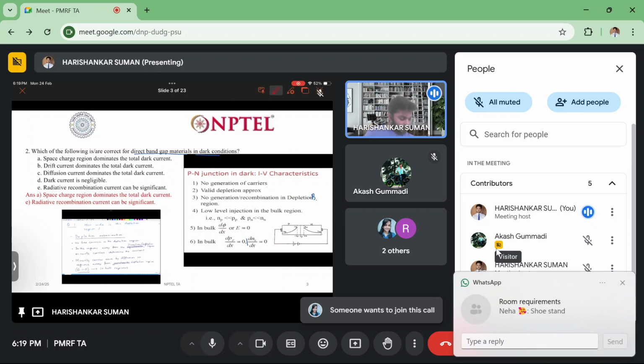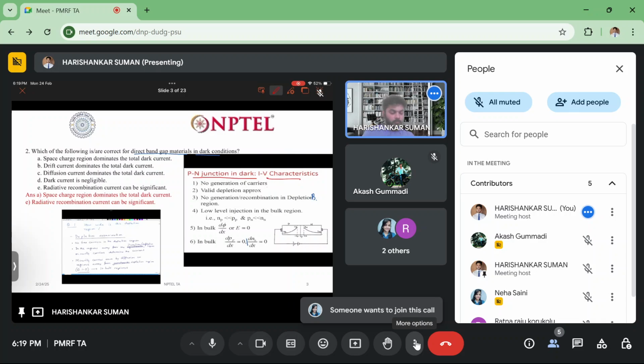PN junction in dark. Let me take a minute. So no generation of carriers. Yes, if there is no illumination, there is no generation.